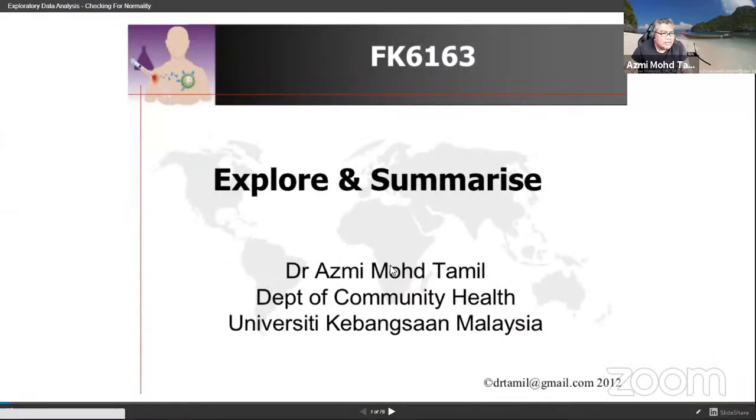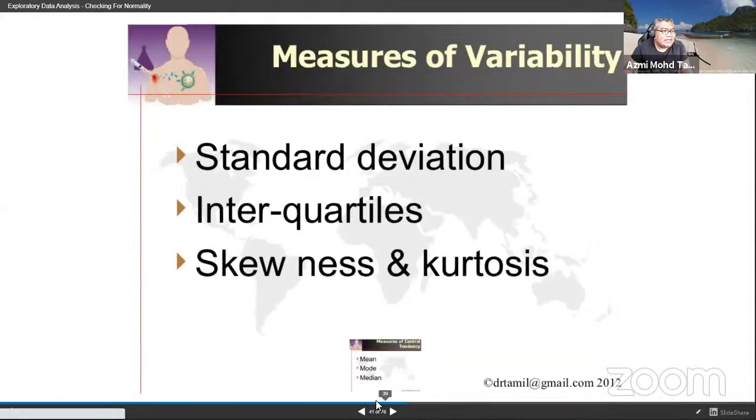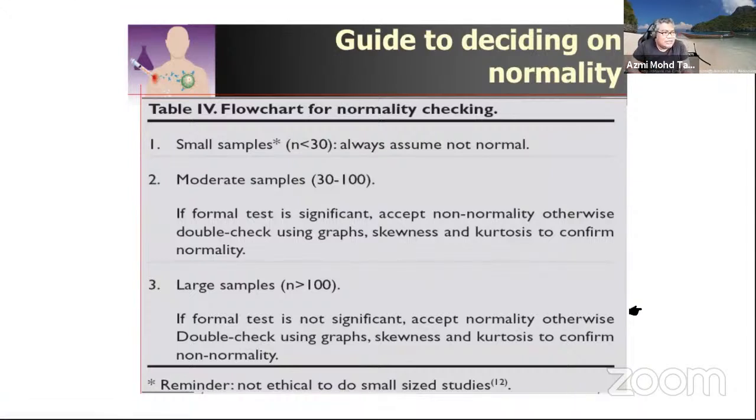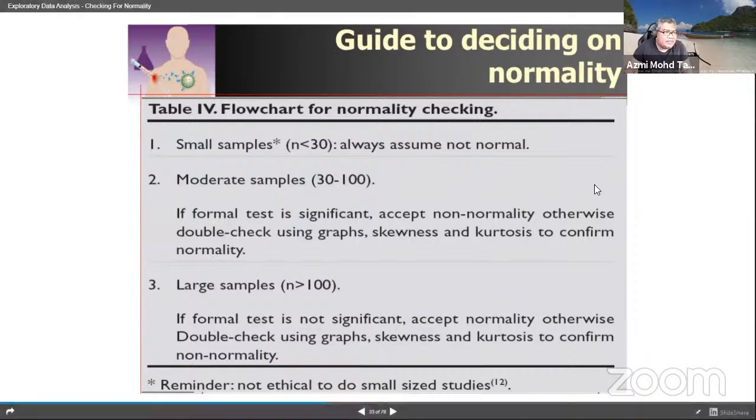I'm just going to proceed directly to the slide of concern. Which one to use? Are you going to use skewness and kurtosis? Are you going to use the KS test? It depends on your sample size. If your sample size is less than 30, always assume it is not normally distributed. If your sample size is less than 30, it is not normal.